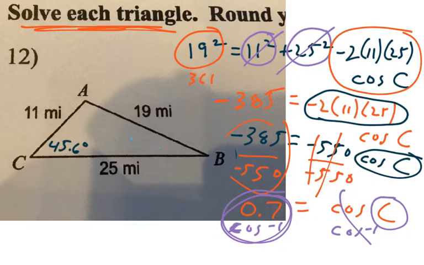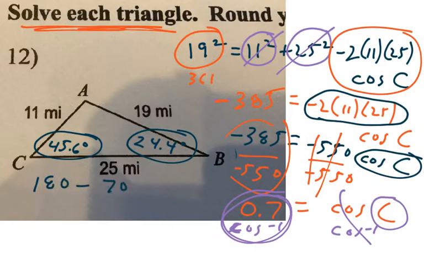Then we found little b over here was 24.4 degrees, right? Do you agree if I add these two together and subtract from 180, which they added up to basically 70, that's why my last angle A had to be 110 degrees.